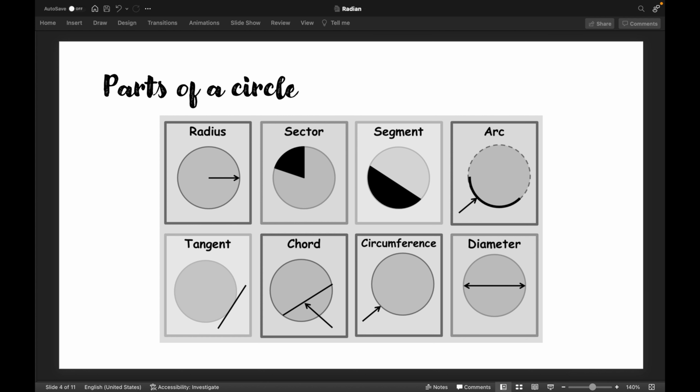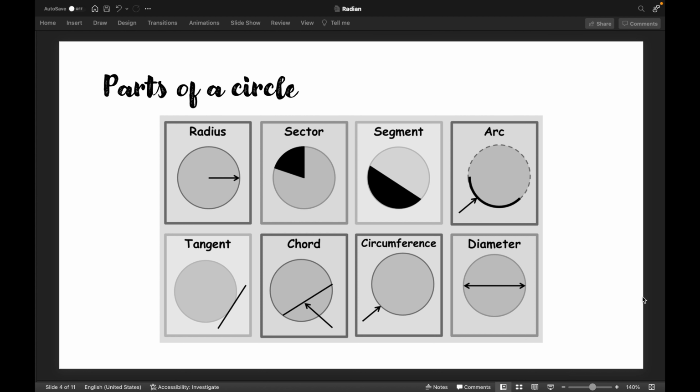But if the angle is greater than 180, it's the major arc. So this would be the minor, and this would be the major arc. Okay, and the circumference is the outer part of the circle.